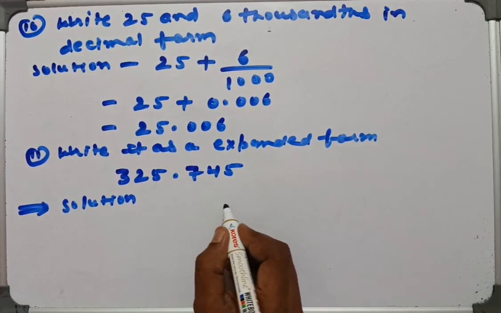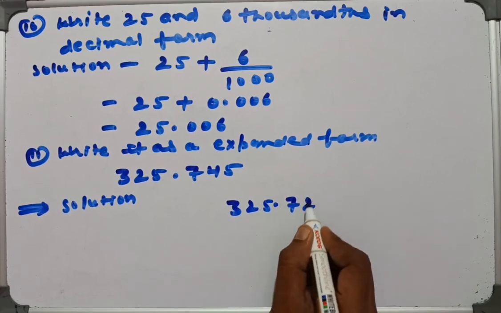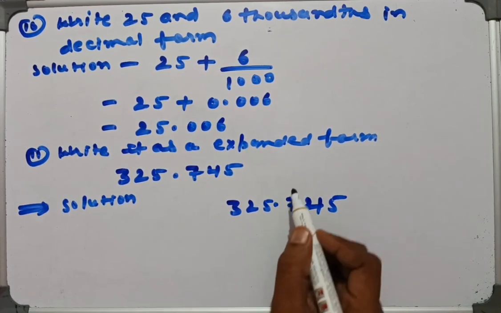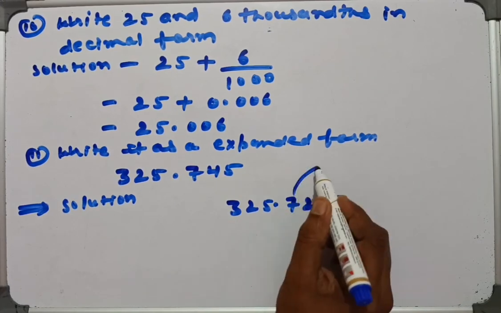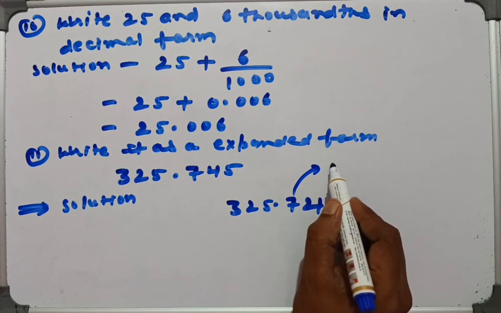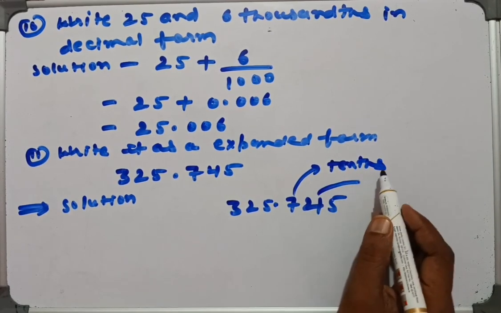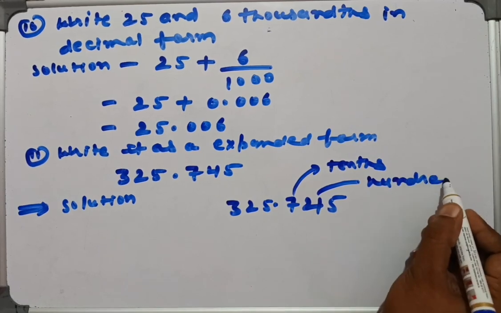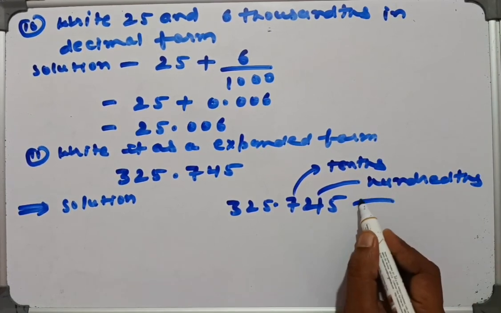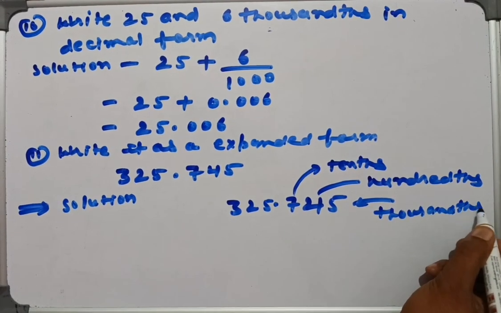You know this decimal number: this digit is the tenth place, this one is the hundredth, this one is the thousandth.